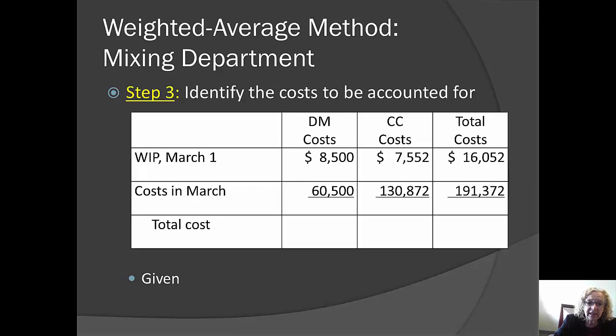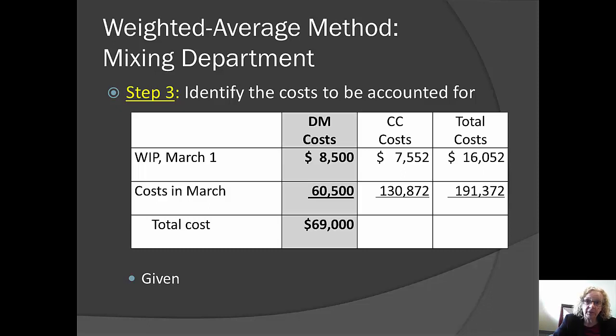In this step, someone needs to tell us how much cost was included in our materials and conversion for our beginning work in process, and how much cost we added during the period. This information was given to us. All we have to do is add it up.